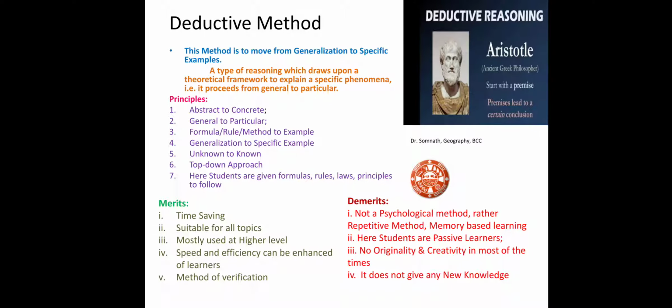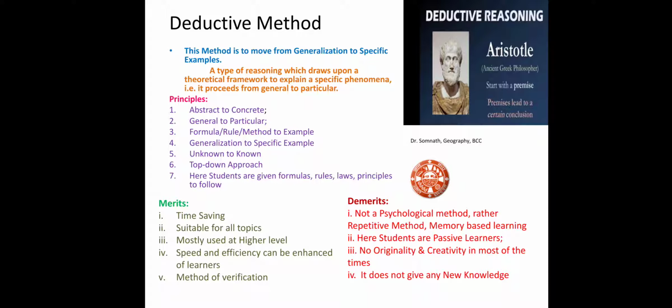It is from general to a particular theory, and then it is based on some formulas and methods to a particular example. It is actually the generalization process through which we can proceed to a specific example. It is also from unknown to known conception.